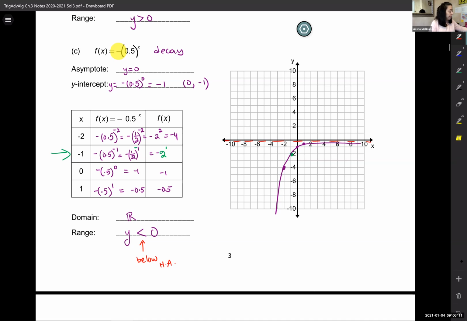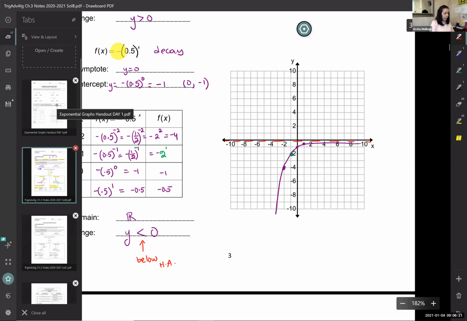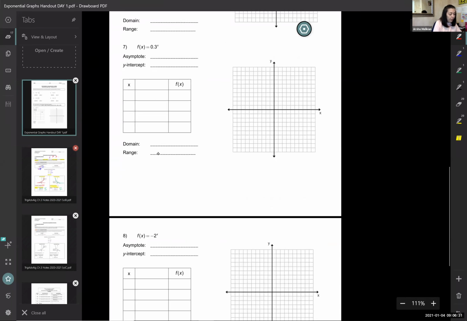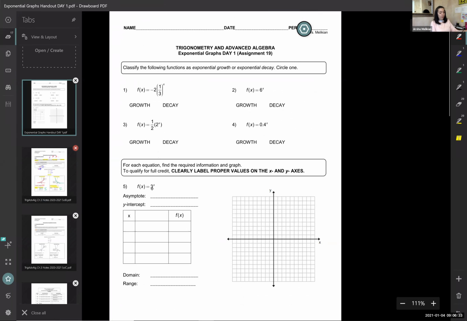Okay, let me tell you about your homework. Your homework is a handout, which is on MyJug already. And okay, so here we go. That's how it looks, right? You've got a couple graphs here.